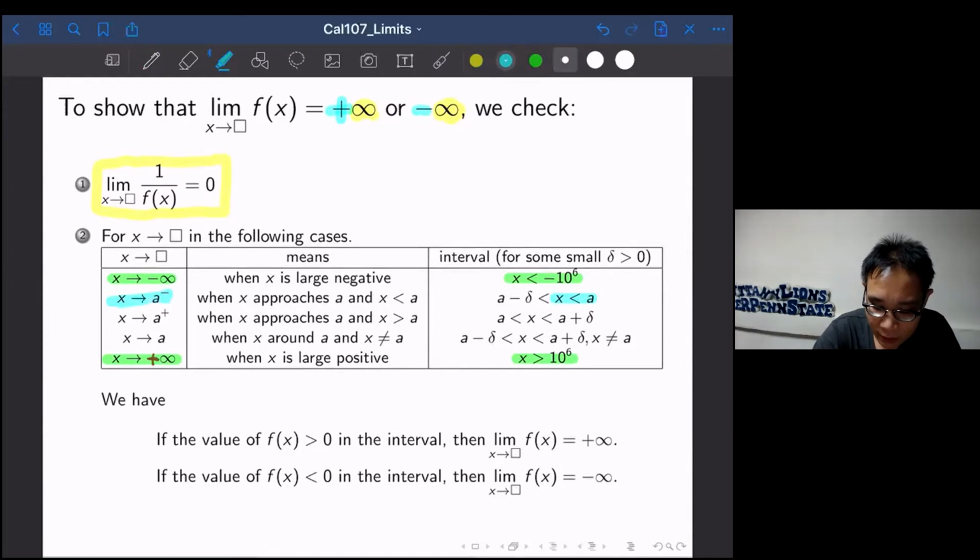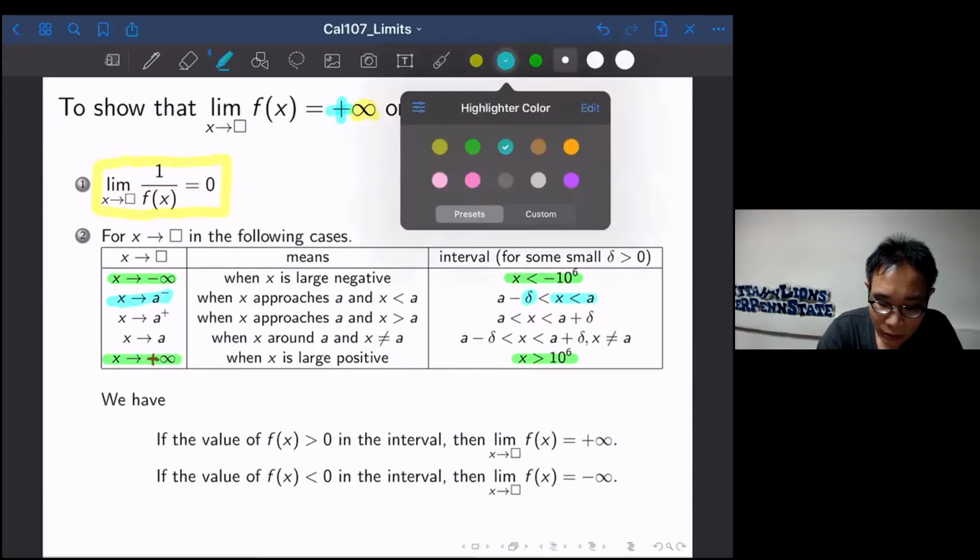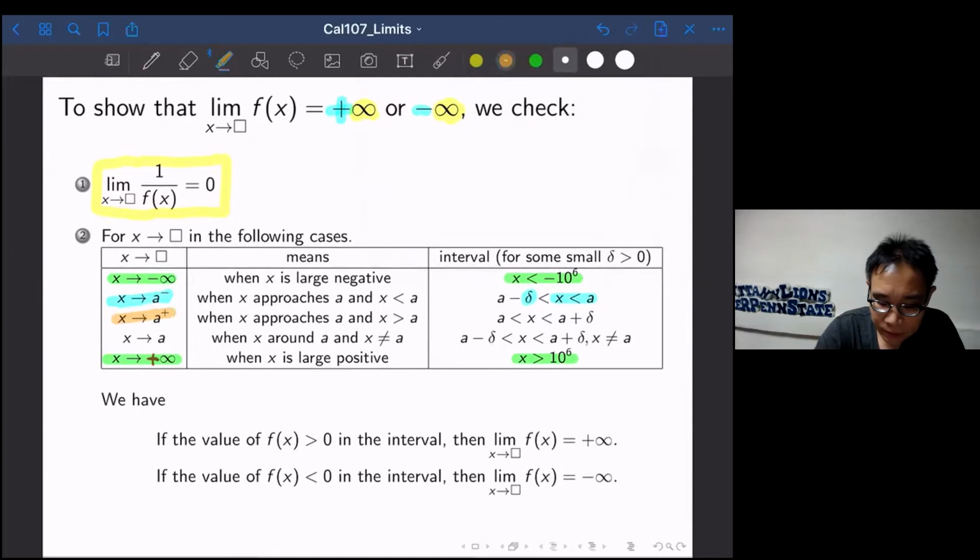Delta here denotes a very small number, like 0.1, 0.001, something like that. And x going to a from the right is x more than a, but not much more, so x less than a plus delta.